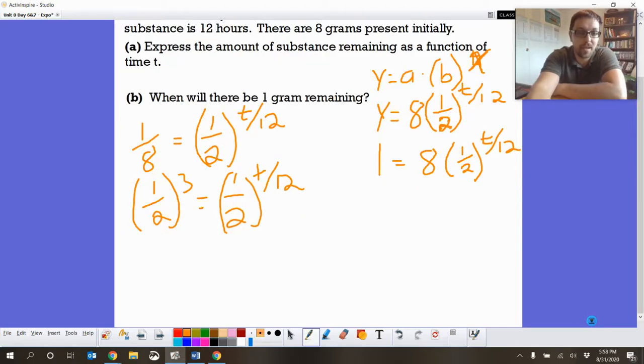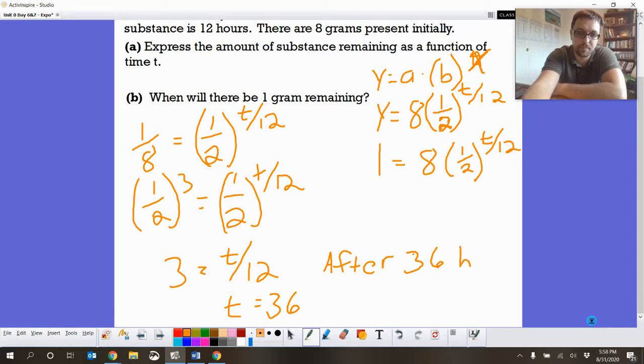Sweet. So then we can say 3 equals t over 12. And hey, that was one of those things I kept saying. So t equals 36. So after 36 hours, there will be 1 gram remaining.